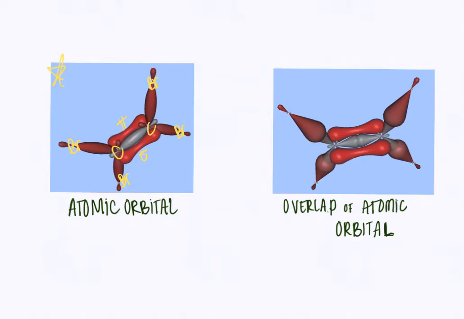Not only is there a pi bond and a sigma bond between the carbons, there is a sigma bond between the carbons and the bromines. So now we have our pi bond between carbon and carbon, our sigma bond between carbon and carbon, and 4 sigma bonds between carbon and bromine.